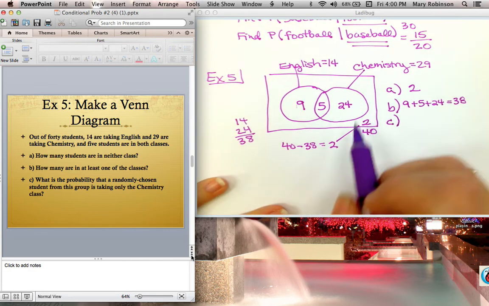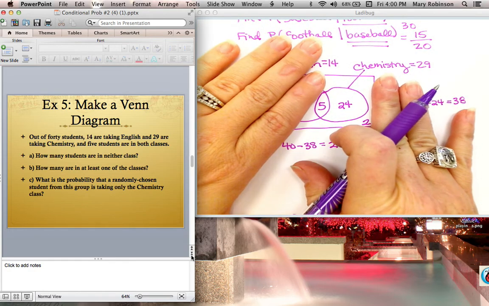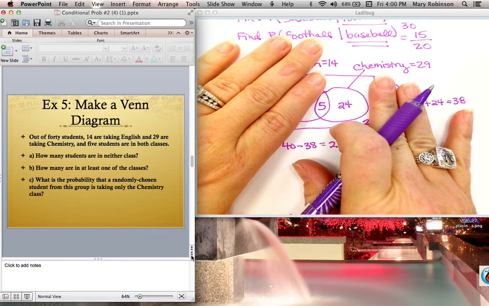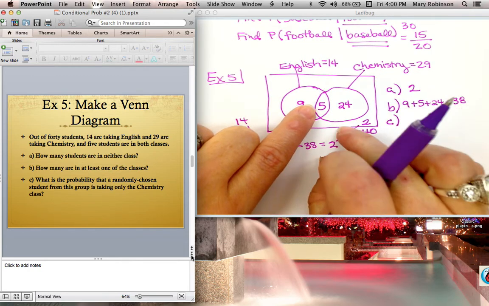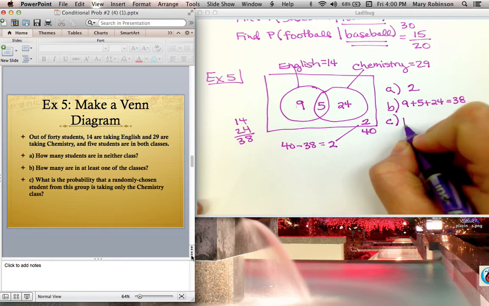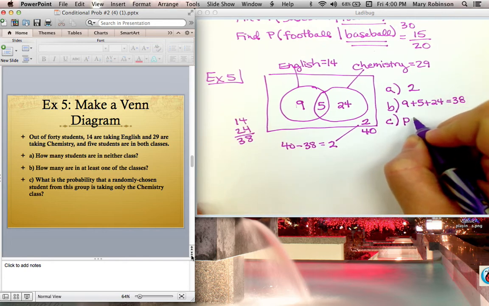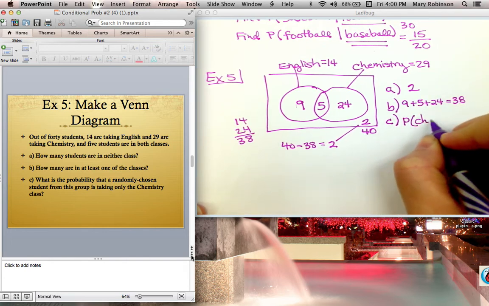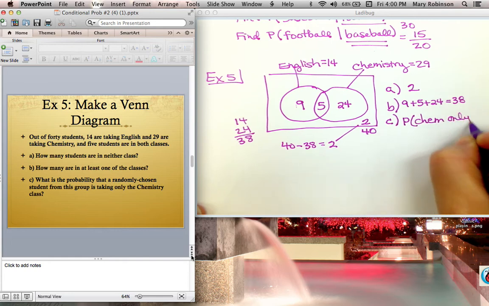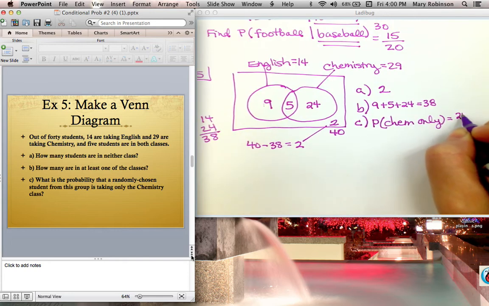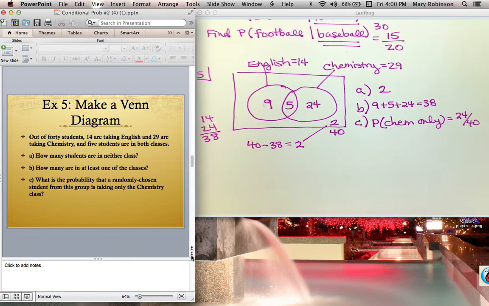Well, of the students taking chemistry, the only ones that are only taking chemistry and not English are these 24. So the probability of chemistry only would be 24 out of the 40 students.